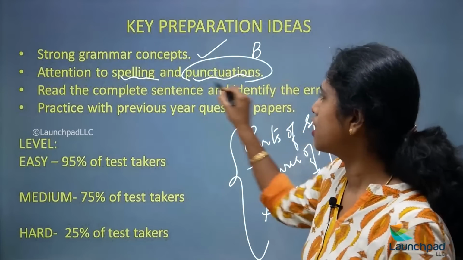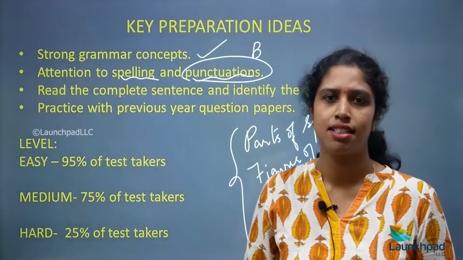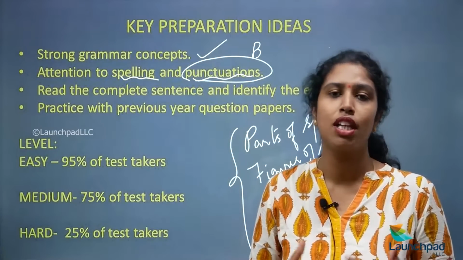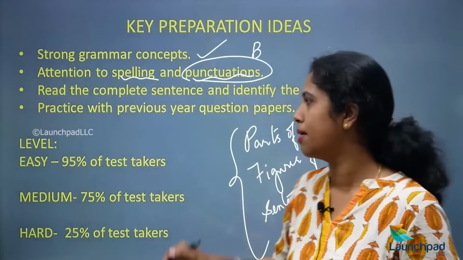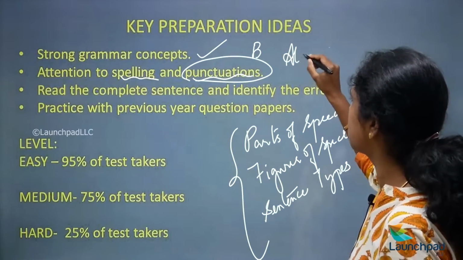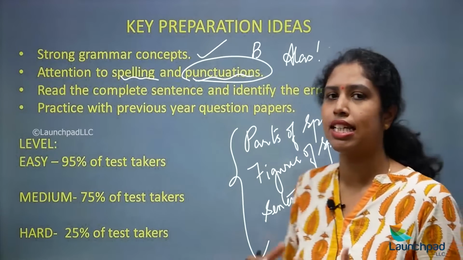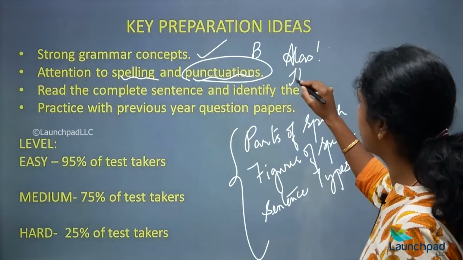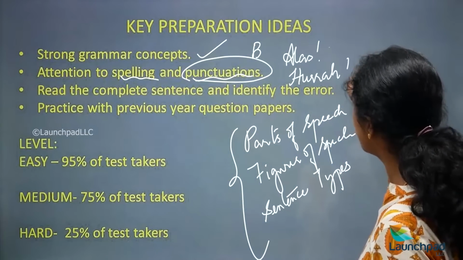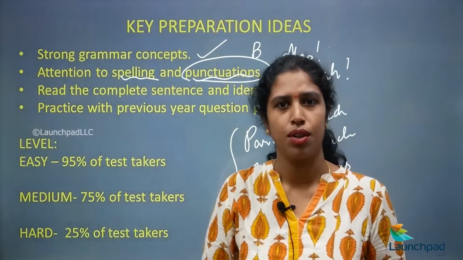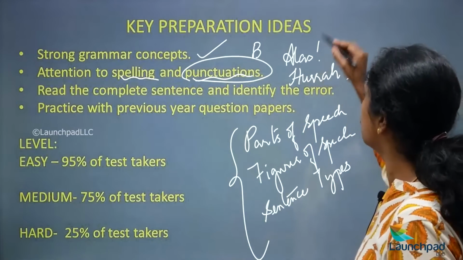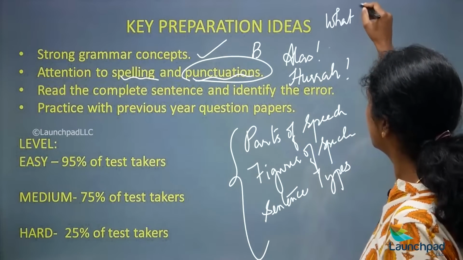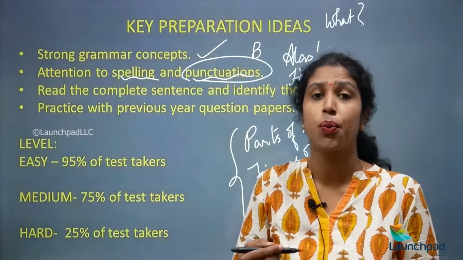And next, punctuation. Punctuation involves a lot of emotion. For example, "alas" gives you a sad mood, and "hurrah" gives you a happy mood. "What?" is an interrogation, so it's a question.